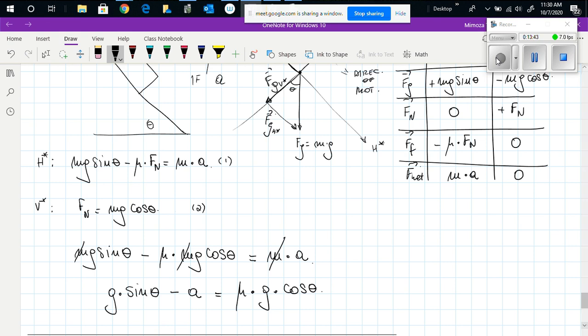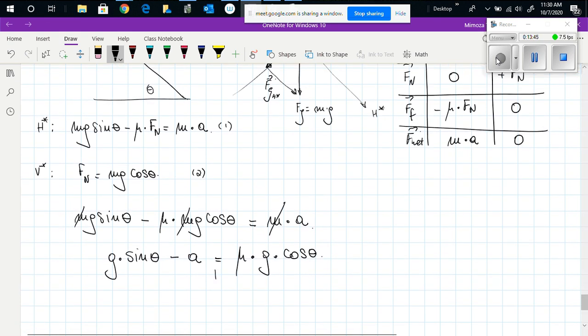And from here, we can say that mu is equal to g times sine theta minus a, the whole thing divided by g times cosine theta.